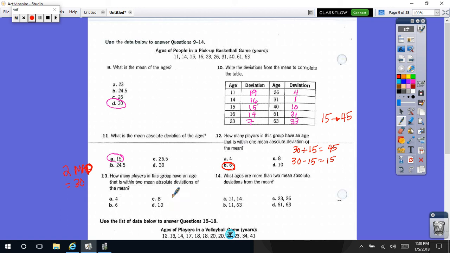So now I take my mean again, go one step in the positive direction, and it's actually 2 steps in the negative direction. So 30 plus 30 is 60 and 0. So basically I'm looking for newborns all the way up to 60 years old. That only eliminates these 2 people right here. So I'm talking about 8 players.